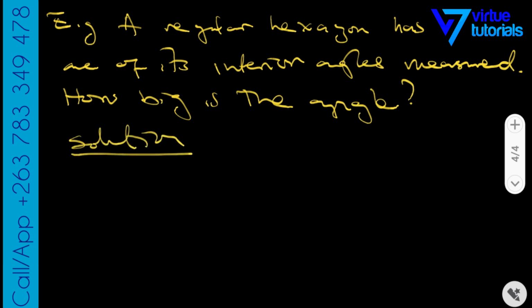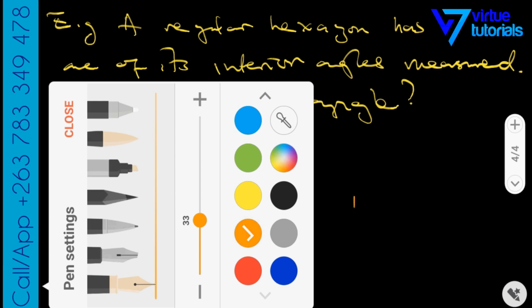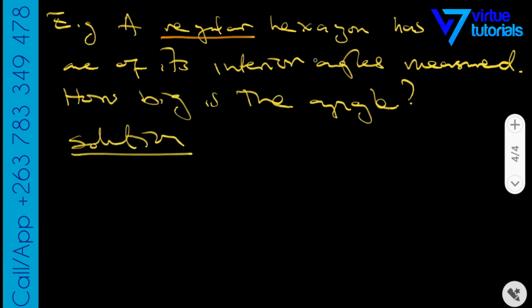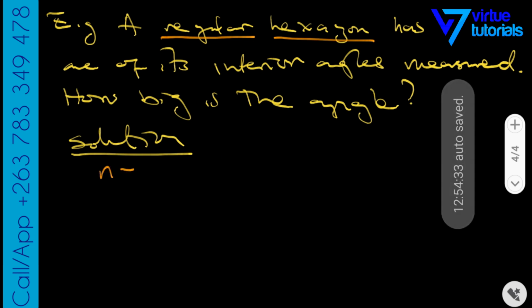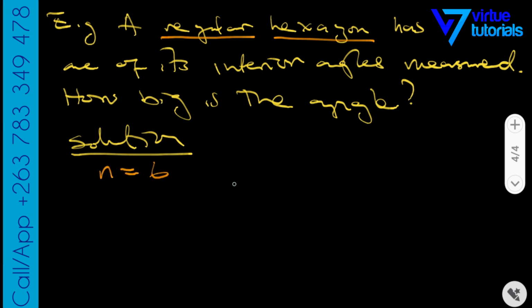First things first, we need to understand one thing. This thing is regular, number one. Number two, it's a hexagon. When it's regular, it means all sides are equal. When it's a hexagon, it means the number of sides, n, is equal to 6. So we can simply plug in our formula.